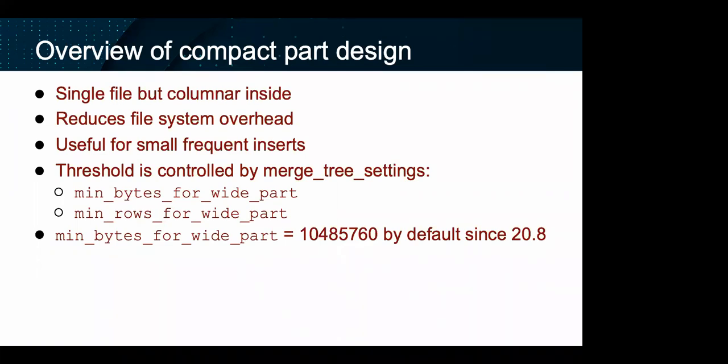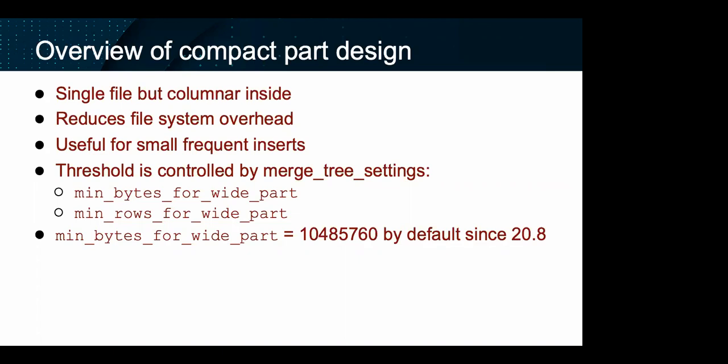The threshold is controlled by a number of settings. You can configure the threshold by bytes or by rows. In ClickHouse, this feature was first enabled for system tables in 20.3, and that was kind of testing in the field, because system tables always exist.